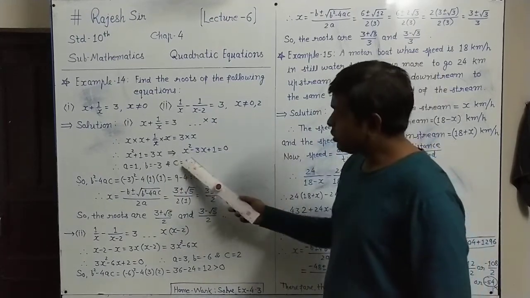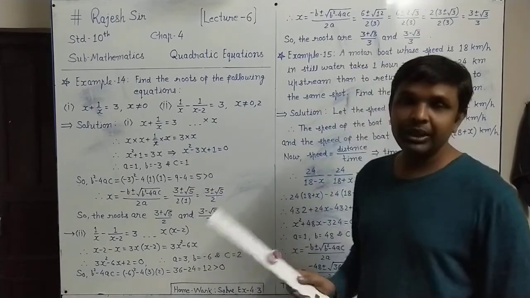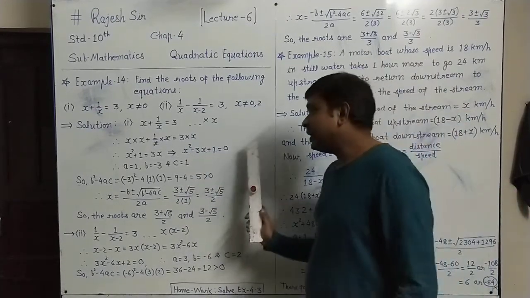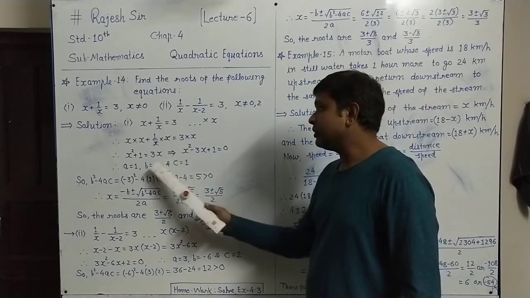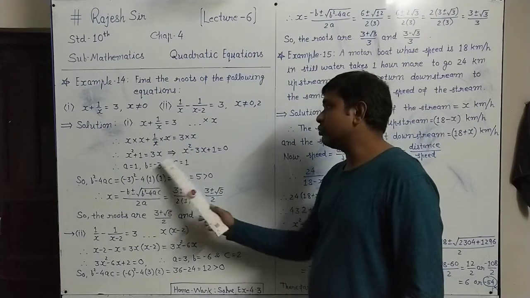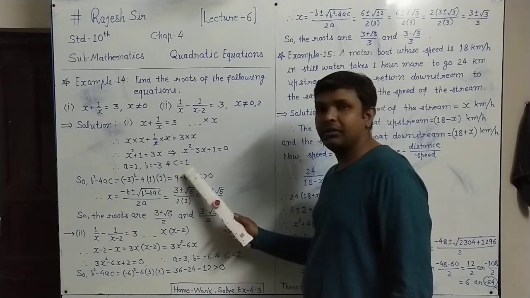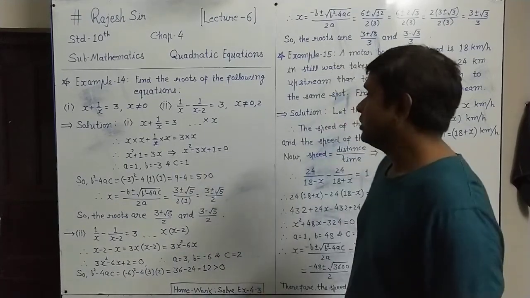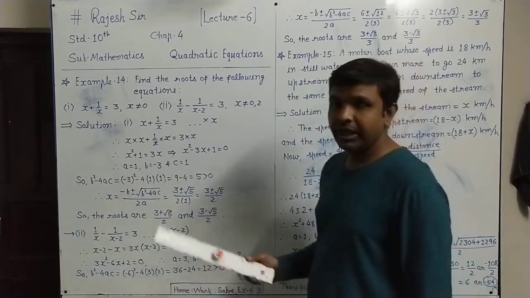Now this is a quadratic equation. Comparing with the standard form ax square plus bx plus c equals 0, a equals 1, b equals minus 3, and the constant term c equals 1.